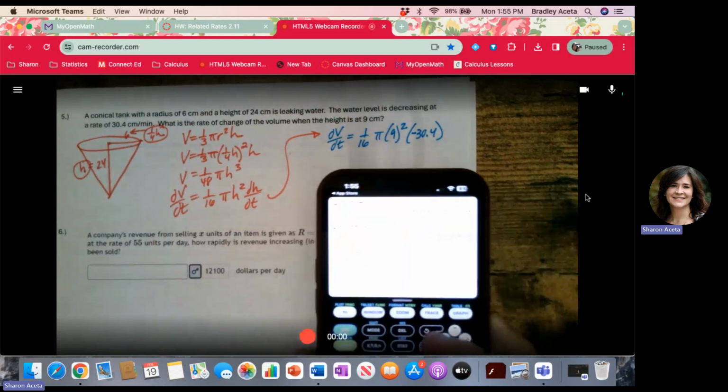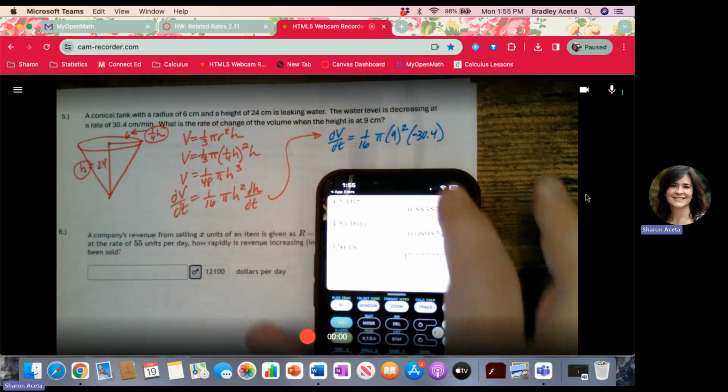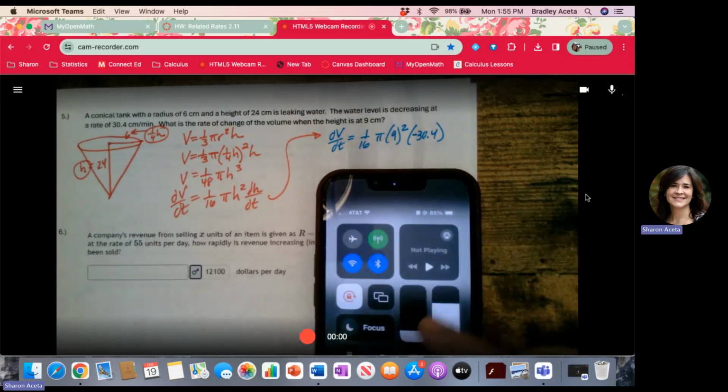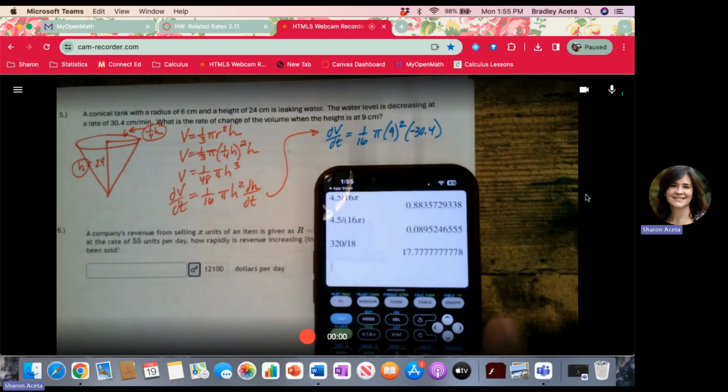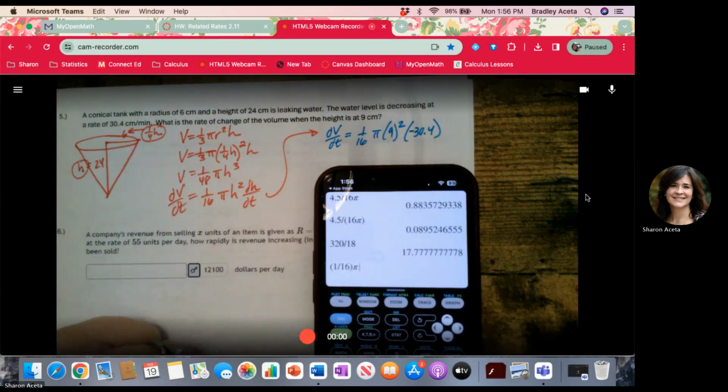And we can use a calculator. Again, sorry for it being so bright. I can adjust it down a little bit. There we go. So 1/16 times pi times 81.